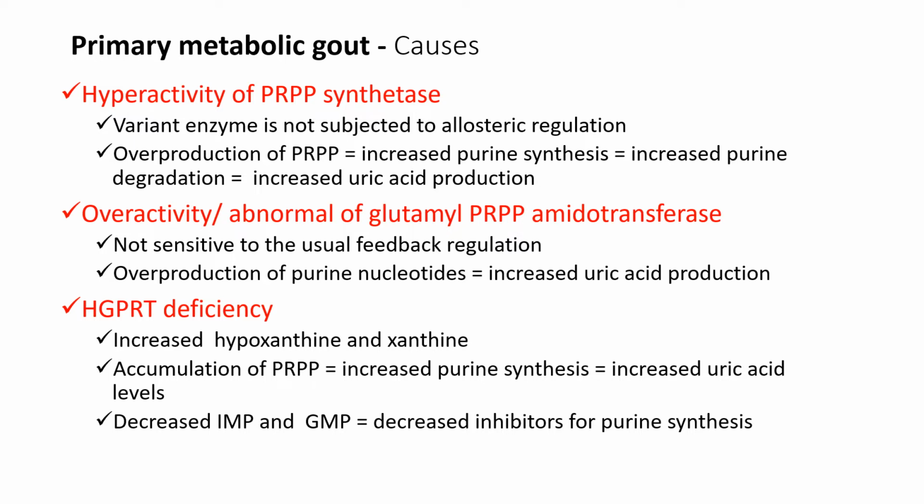So there is accumulation of hypoxanthine and xanthine, and also PRPP is not utilized in the salvage pathway, so this also leads to accumulation of PRPP. They all lead to increased purine biosynthesis, and there is more production of uric acid. Apart from this, there is also decreased IMP and GMP, which decreases the inhibition of purine synthesis.